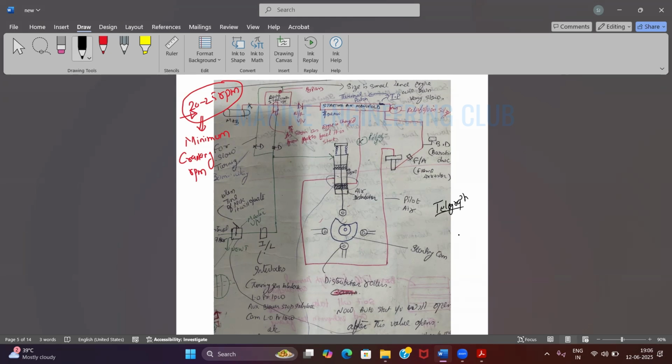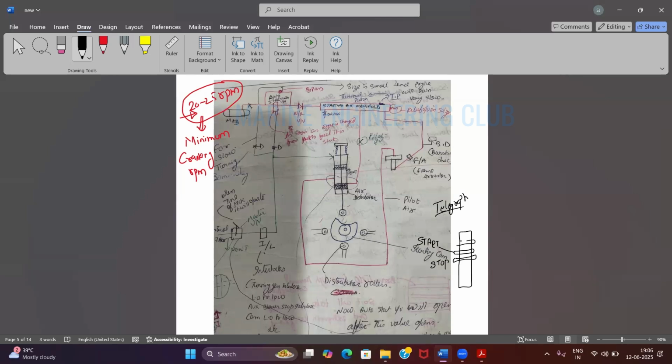Suppose your telegraph is in stop position. What do you have next? Dead slow ahead. First you have start.